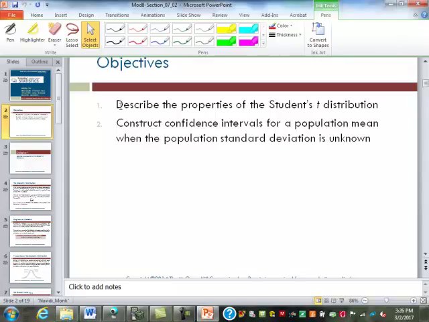There is a distribution called the Student t distribution, often just called the t distribution, and it's actually several distributions that depend on the sample size, for finding those critical values. That tells us how many standard deviations we have to go away from the point estimate in order to construct our interval.